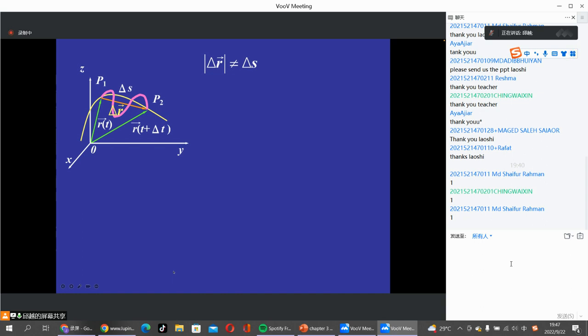Given 2 points P1 and P2, we can see we only have one displacement vector, but we can have many forms of paths.